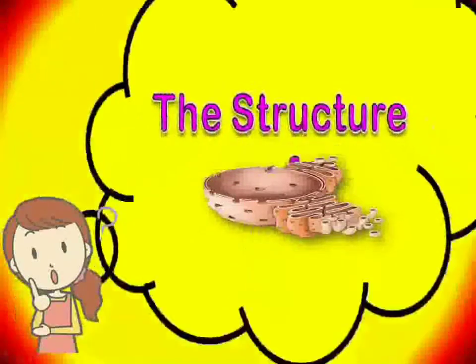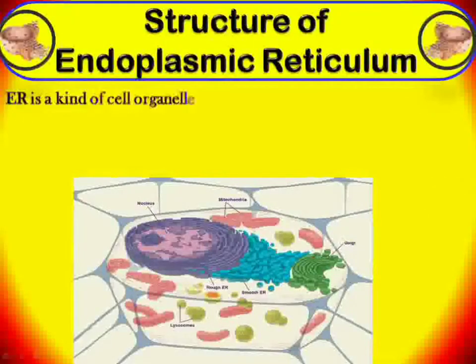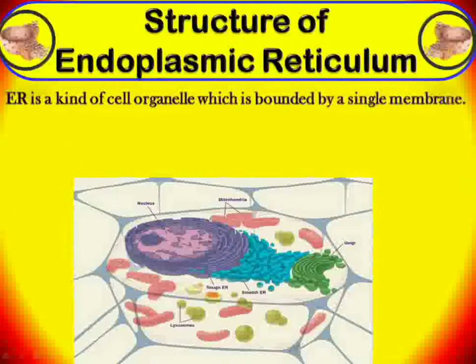Now we will discuss the structure of endoplasmic reticulum. So endoplasmic reticulum is a kind of cell organelle which is bounded by a single membrane. So it is a single membrane bounded organelle.